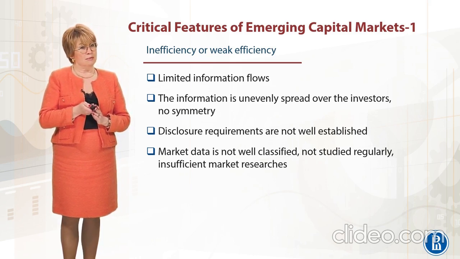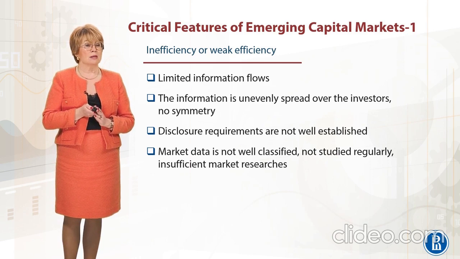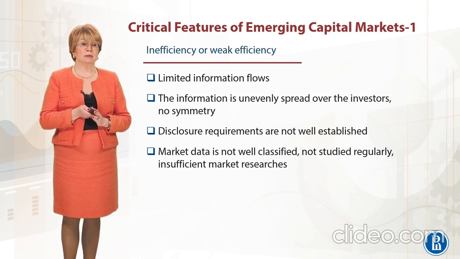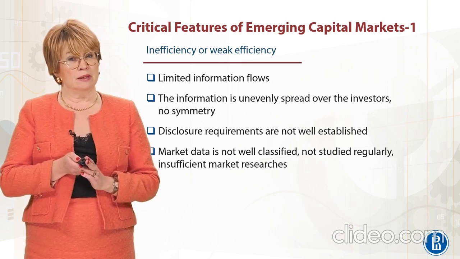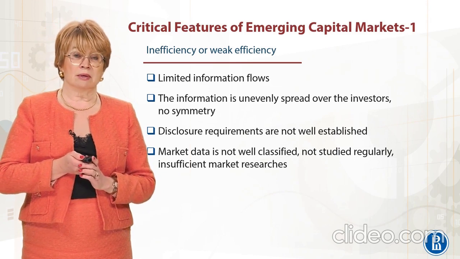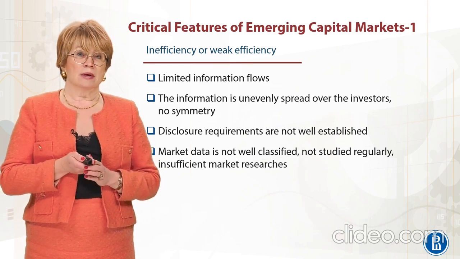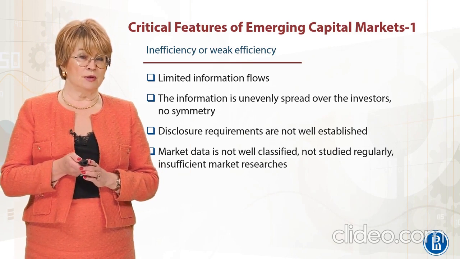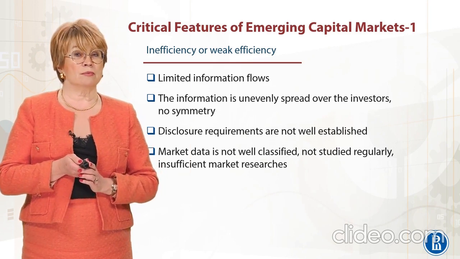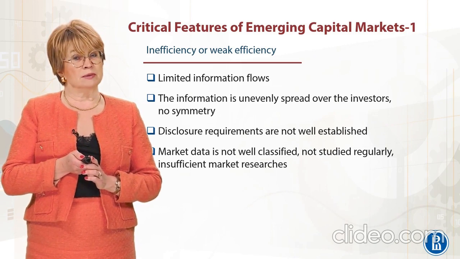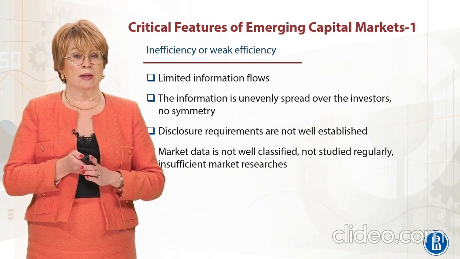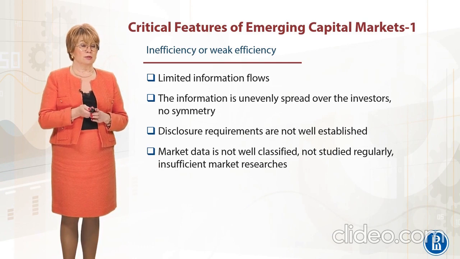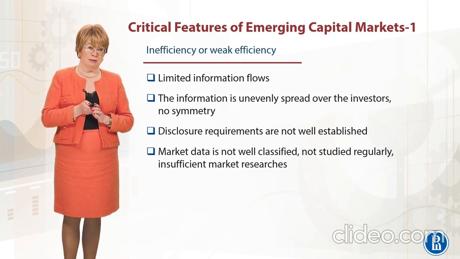This information may be unevenly spread between different types of investors, so there would be no symmetry of information flows between the investors. It may mean that some investors will have much better access to the information than some other groups of investors. The requirements to disclose information in the stock exchanges of emerging capital markets may still be different in terms of the quantity, quality, scope, extent, and volume of disclosure as compared to the developed capital markets.